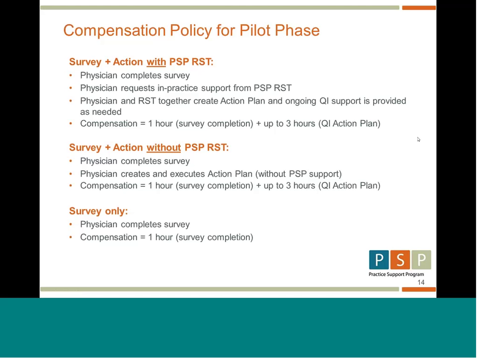How do we know that there's an action plan and work is happening in order for us to pay them? You have to see it. So they have to get in touch with one of you. If you're not involved, they still have to get in touch with one of you and say, hey, I did the survey, you gave me the survey, and here is a de-identified copy of my survey, and here's my action plan with my steps and what I've done to make that change.